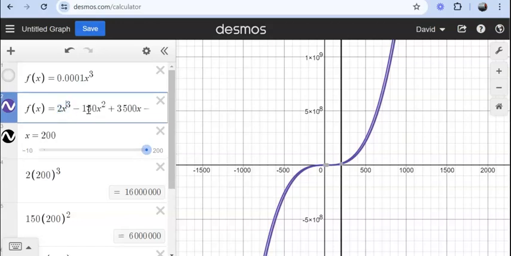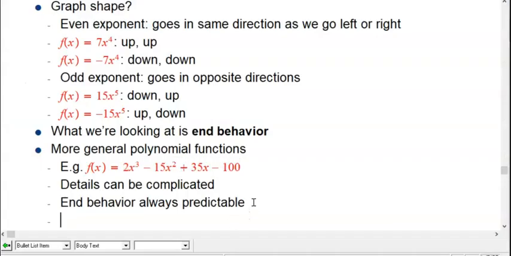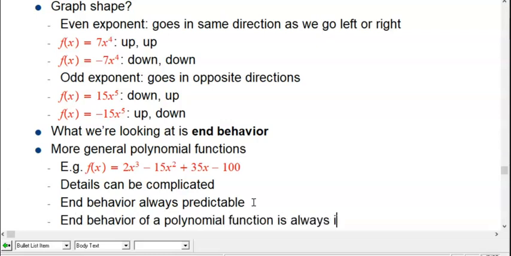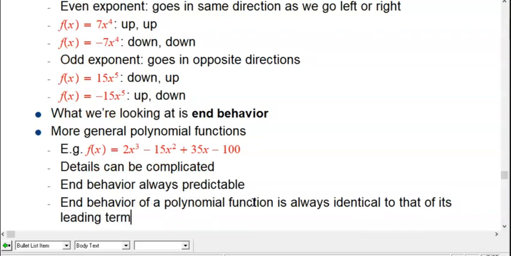And eventually, even if the coefficients of these lower degree terms are pretty large, who's going to win is that leading term. And so that's something we can summarize very well. The end behavior of a polynomial function is always identical to that of its leading term.